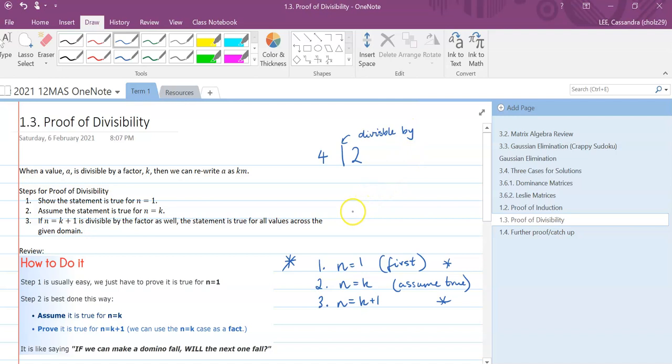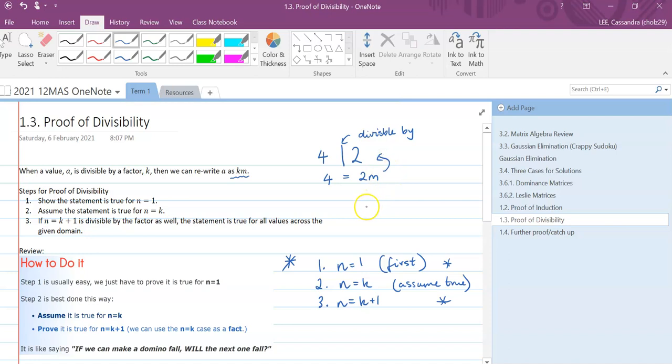The other thing that we need to know, if we have something that's divisible by 2, we could effectively write that as a multiple, right? So we could write that as some sort of scalar. So I could write this as 4 is equal to 2m. I'm not actually specifically interested in what the value of m is. I'm only interested in the fact that it's divisible by 2. So this is just another way of writing this same information here.